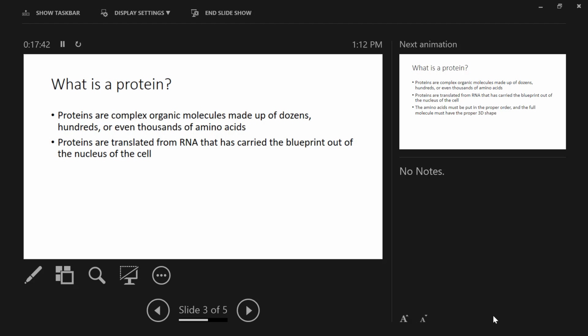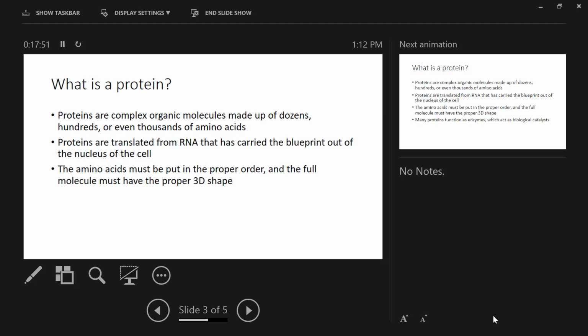Now, again, amino acids are the building blocks of proteins, but by themselves they are not proteins. Here's what you need to get a protein. To have a protein, you have to have the amino acids in the right order and in the right three-dimensional shape.